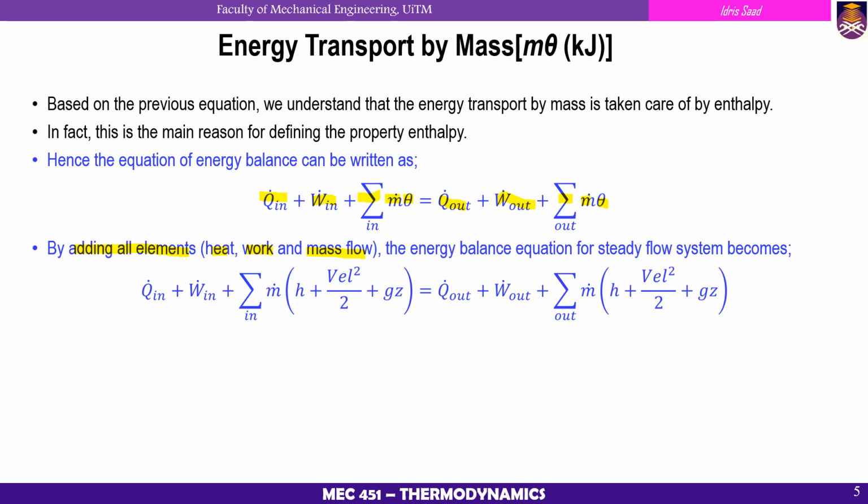After that, we can add all the elements, which are the heat, the work, and the mass flow, into this equation. So, the energy balance can be written as Q dot in plus work dot in plus the summation at the inlet of the mass flow rate times the enthalpy plus velocity to the power of 2 divided by 2 plus gz, is equal to Q dot out plus work dot out plus the summation at the outlet of the mass flow rate times enthalpy at the outlet plus velocity at the outlet squared divided by 2 plus gz at the outlet.